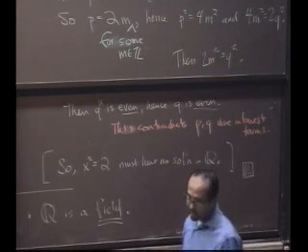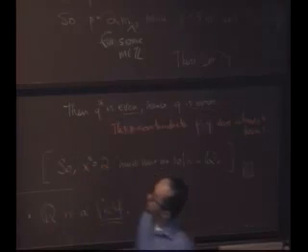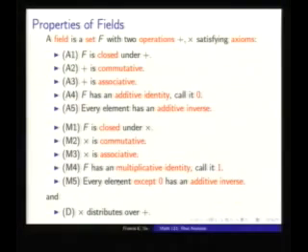But the idea is a field is a set with two operations. The operations are traditionally denoted by plus and times, and you'll notice there are 5 properties for addition that mimic the 5 properties for multiplication. Okay? Closed, you'll see the actual definition in your book. The property of being closed means if you add 2 things, you're still in the set.